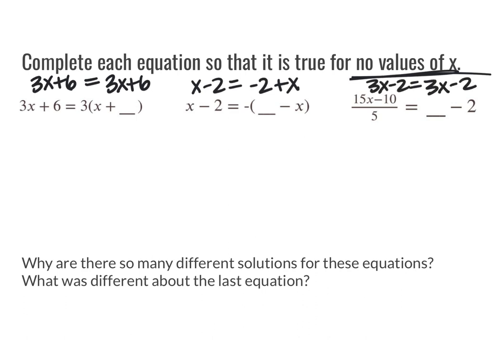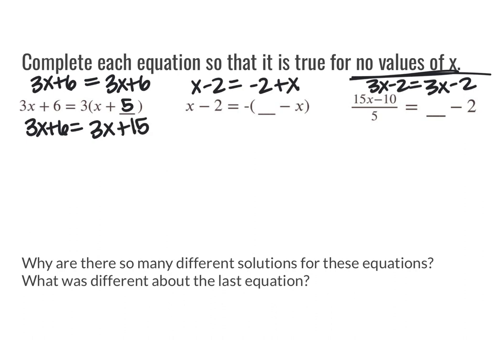So again, notice we had the same thing on both sides. So now, for number 1, what could we possibly insert in our blank so that we don't have equivalent expressions on both sides? Let's try a 5. If I insert a 5, I now have 3x plus 6 is equal to 3x plus 15.